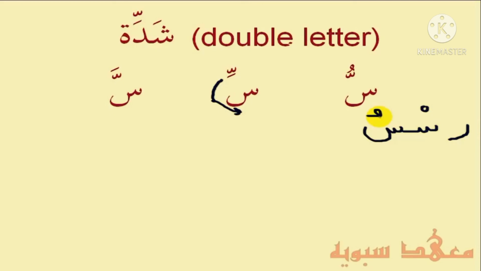So to pronounce this, we would say russu, russu. Notice how I give the double letter. Russu. Now similarly, this is two seens as well. The sukun is on the first, followed by the kasra on the second. So if you put the ra once again, it would be pronounced as rissi, rissi. Notice how I give emphasis to the seen.